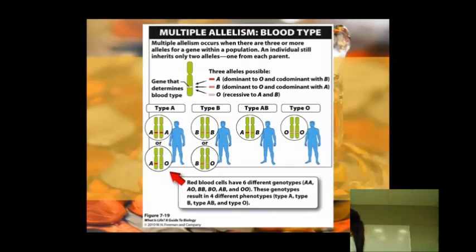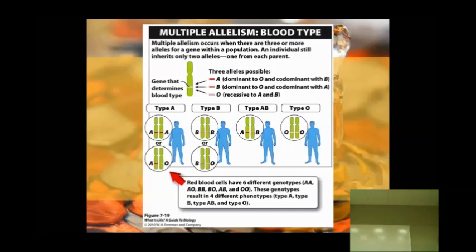And so the combinations are: if you get an A from your mom and an A from your dad, then you're going to be type A. If you get an A from your mom and an O from your dad, then you're still going to be type A. If you get a B from your mom and a B from your dad, then you're going to be type B. If you get a B from your mom and an O from your dad, then you're still going to be type B.